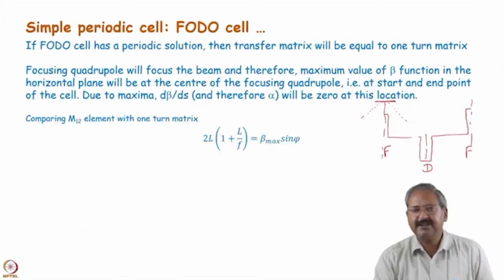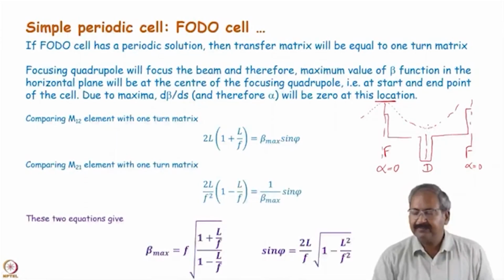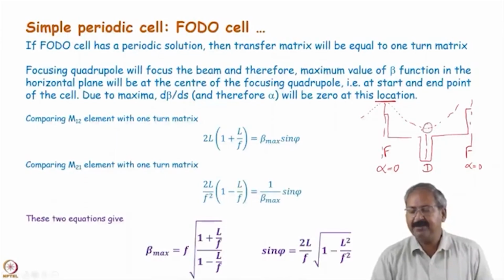Means at this location d beta by ds will be 0, means at this location alpha will be 0. Similarly alpha will be 0 here, and after this lens, after defocusing quadrupole, again beam will become divergent, so this will have a beta minimum point. This point is beta minimum point, and here again alpha will be 0.